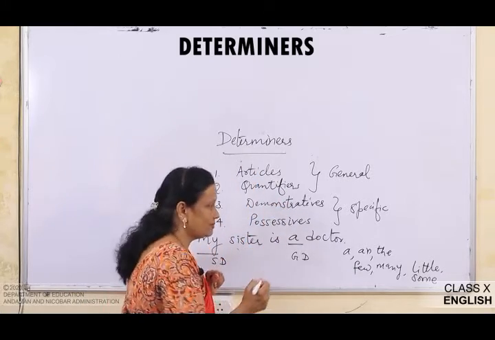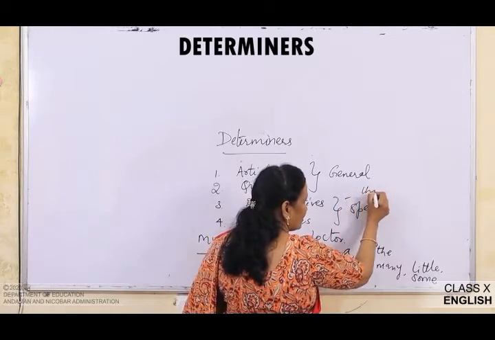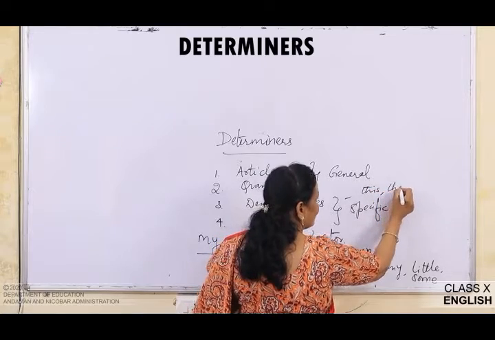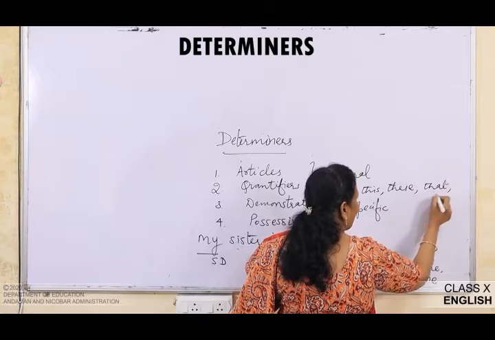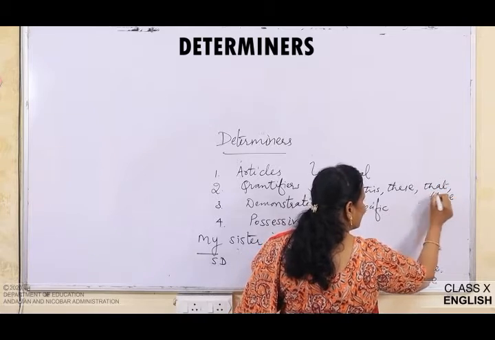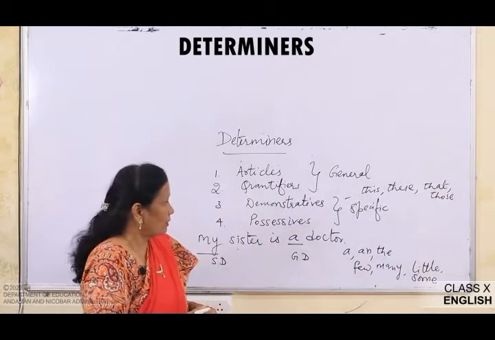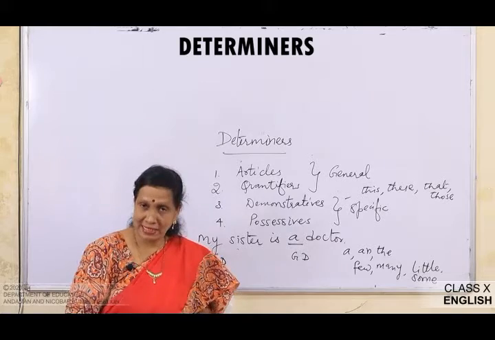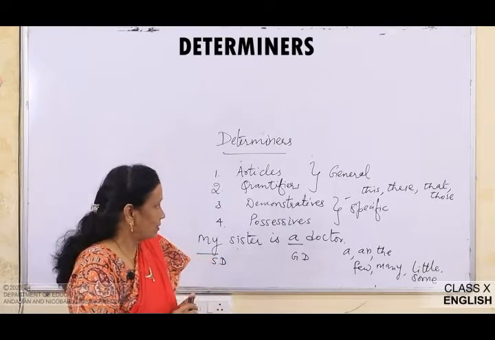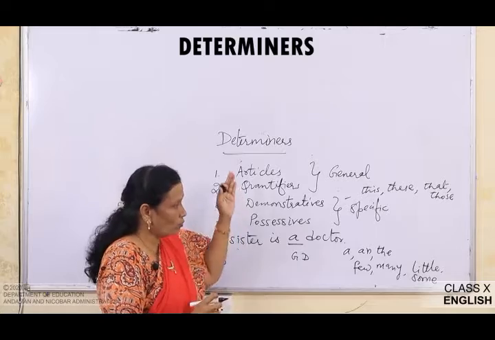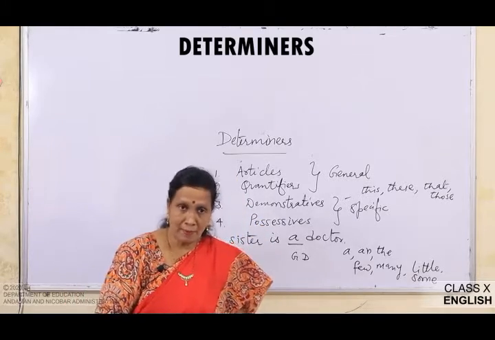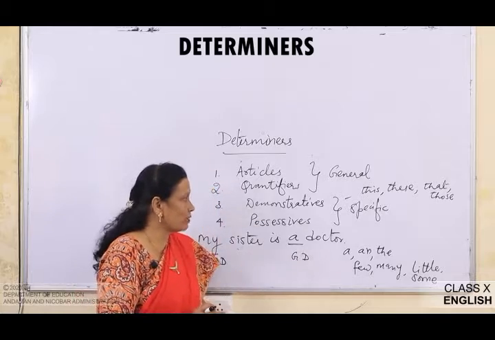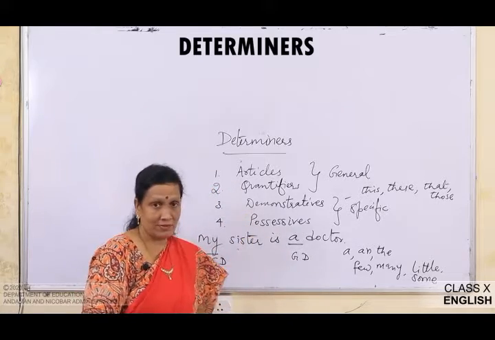And demonstratives: this, these, that, and those. They are also specific determiners. So, children, I hope you got an idea of what determiners are and what are articles, quantifiers, demonstratives and possessives.